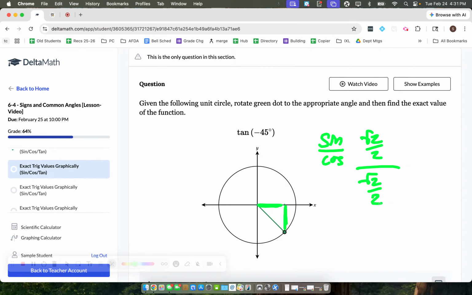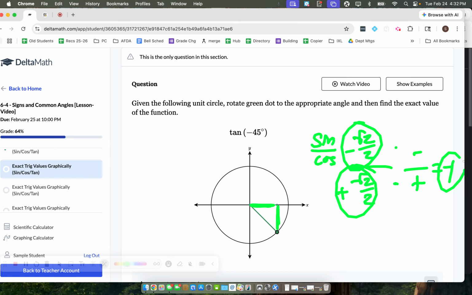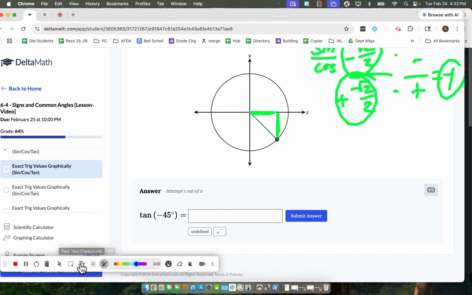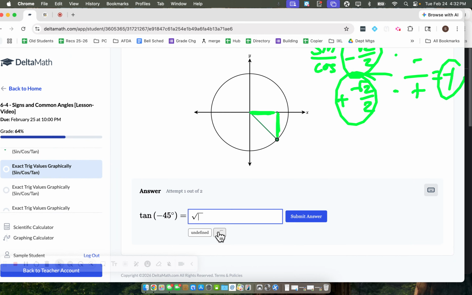It so happens the sine is negative, cosine is positive, but when you have same over same, negative over positive, you're going to have a negative 1. Isn't that right? If these two things are exactly the same, but they have different signs, you're going to have negative 1. So the tan of negative 45, of course you can put in the calculator, but you're not going to. You're going to do it based on your knowledge.